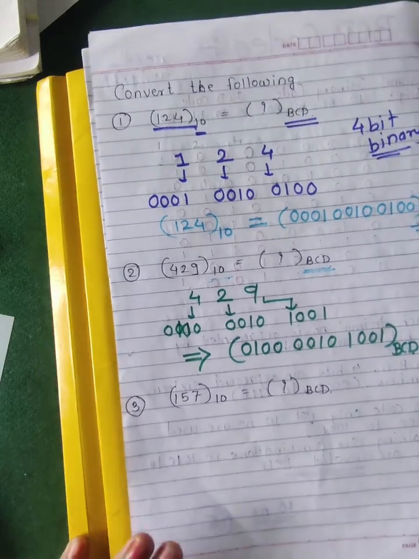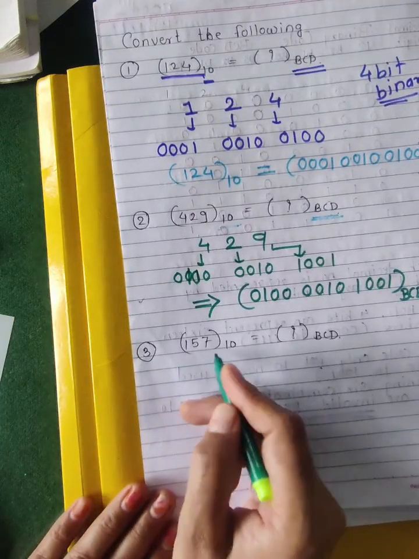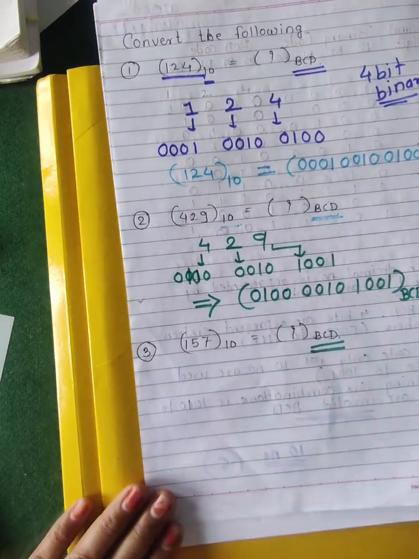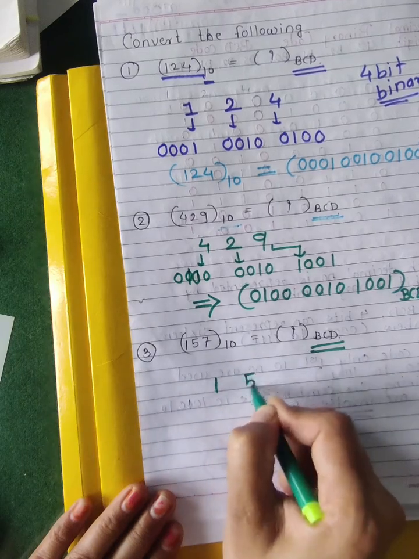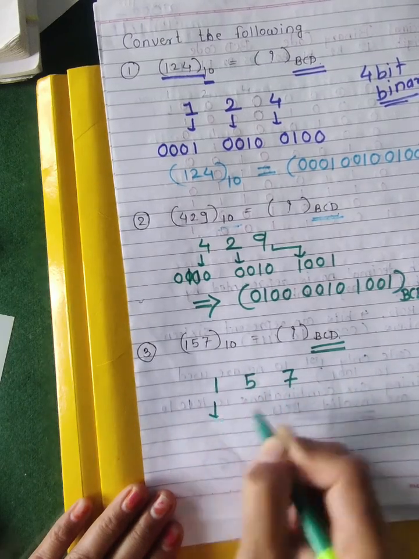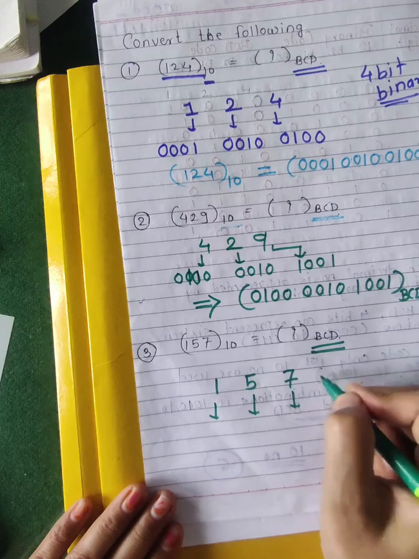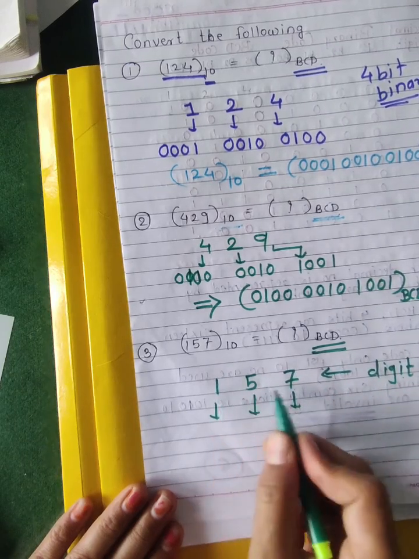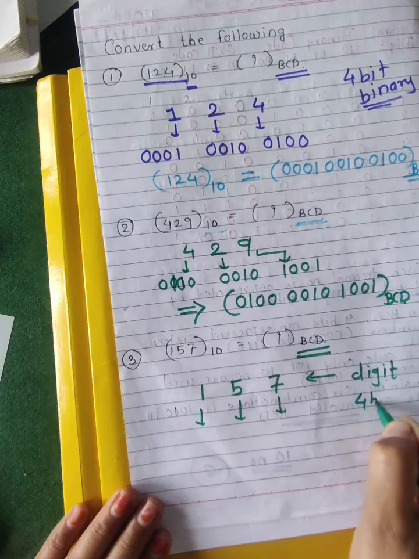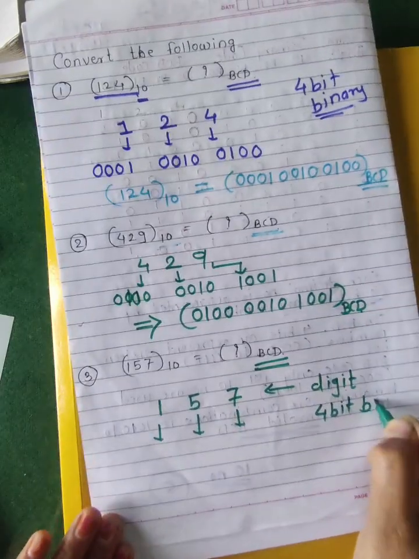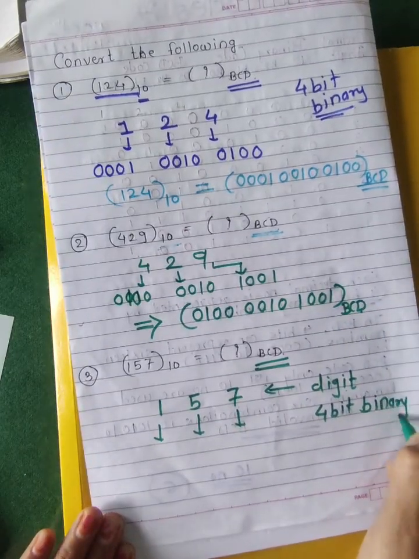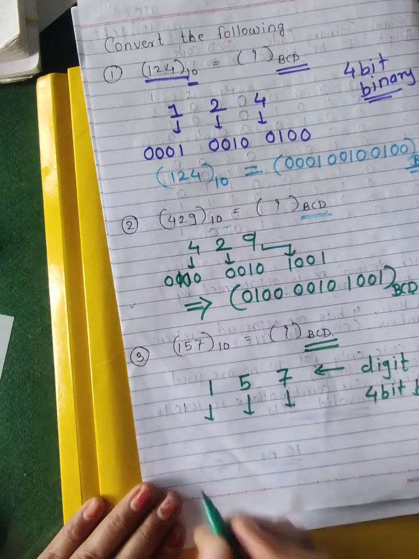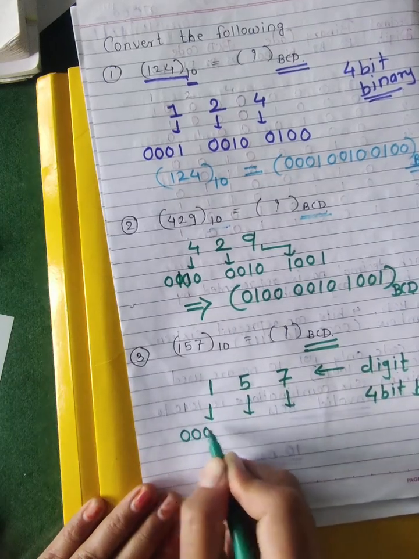Okay, let's see another example. 157 converted into BCD form. Write down the given number 157. Write down each and every digit. These are the digits. Write each digit in 4-bit binary. So how to write 1 in 4-bit binary? 0 0 0 1.